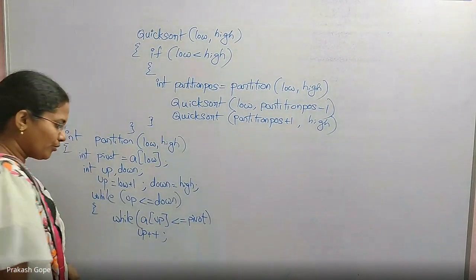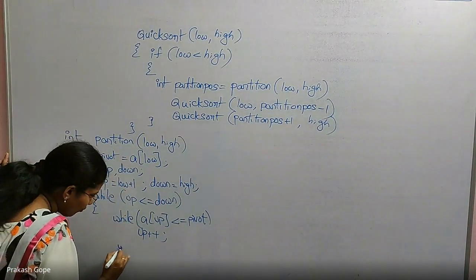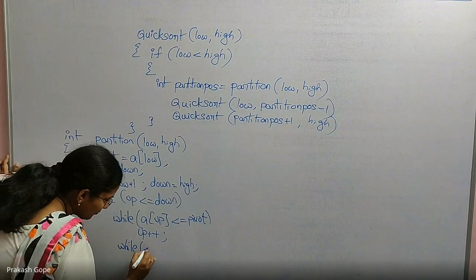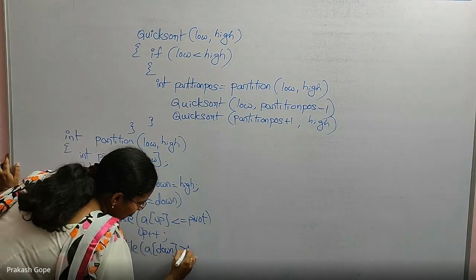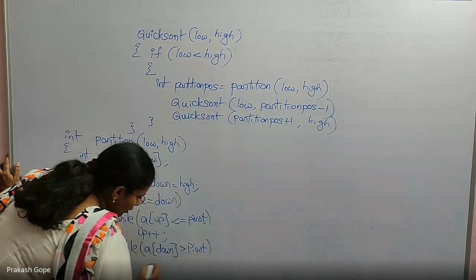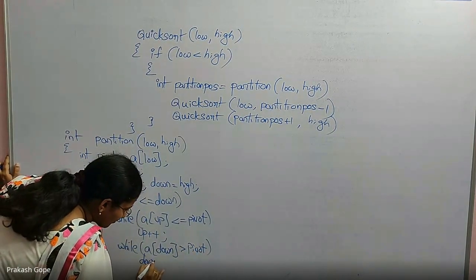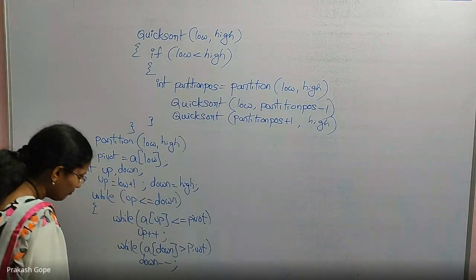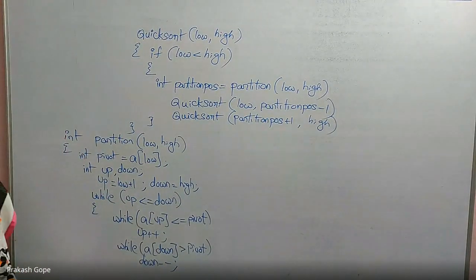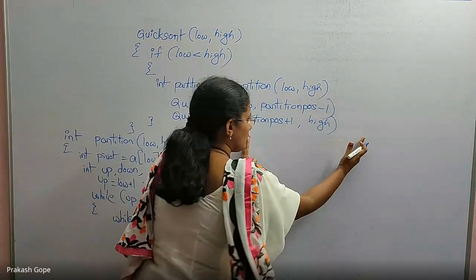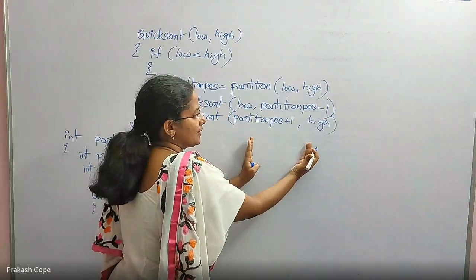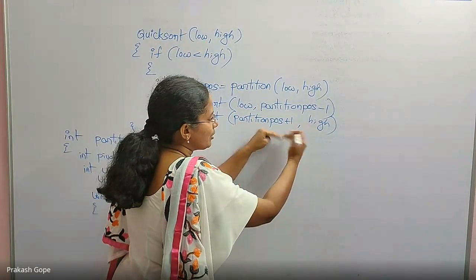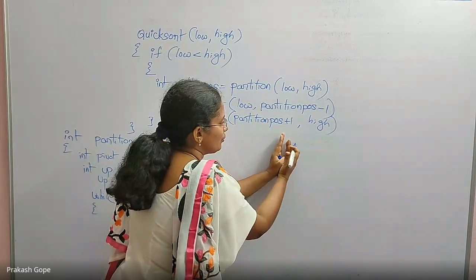Similarly, down should reduce. Okay, while A of down is greater than pivot, keep on reducing down. Down minus. So up is increasing, down is reducing. But they have stopped like this. Then you need to swap the two elements and continue this process.